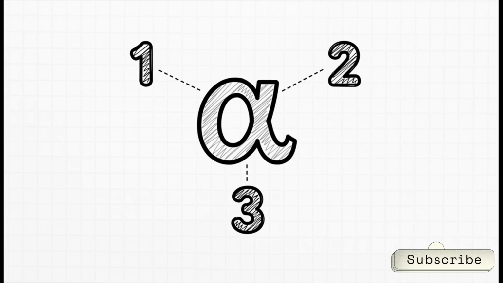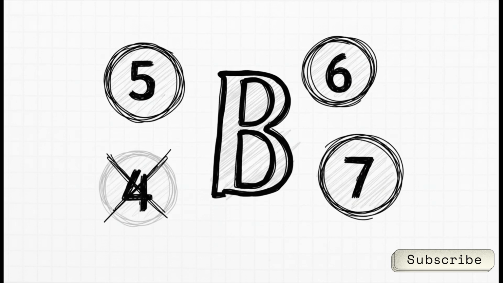First up, the alpha family. This is as easy as 1, 2, 3. I'm serious. It contains human herpes virus 1, 2, and 3. That is it. Just think, alphas 1, 2, 3. Done. All right, next in line is the beta family. We're just going to continue the sequence, but we're going to skip number 4 for just a second. So the beta family has human herpes virus 5, 6, and 7.